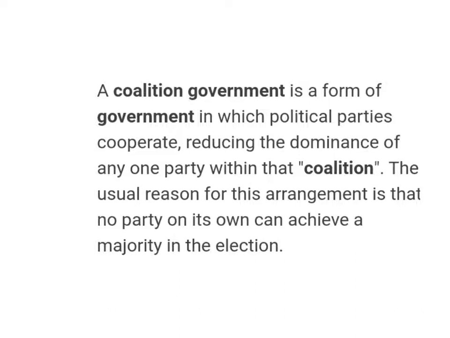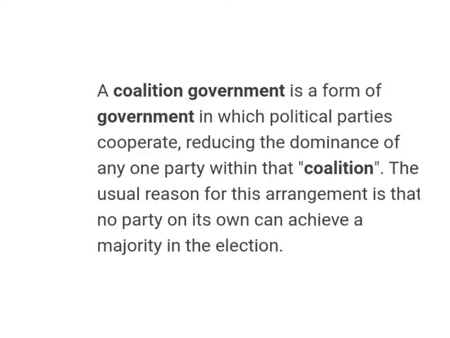We can also explain it like this: if there is an election and no party gets the majority of votes for forming a government. For example, if a party needs 150 votes for forming a government and no party gets that particular quota of votes, and more than two parties come together and form the government, and those three parties put their seats together, they form a coalition government.